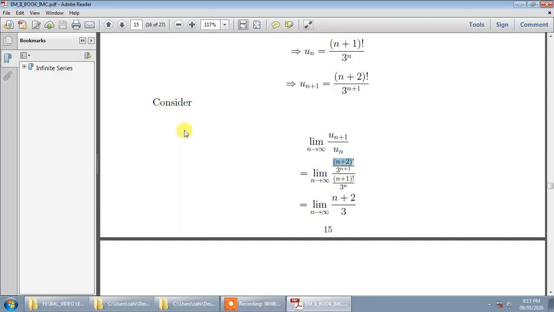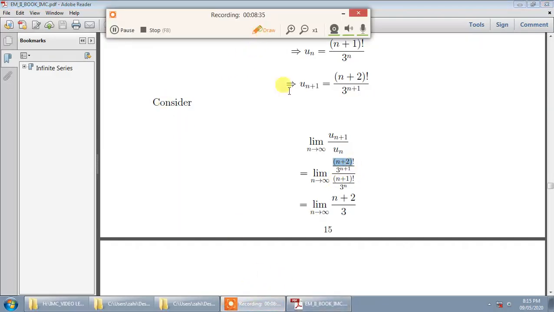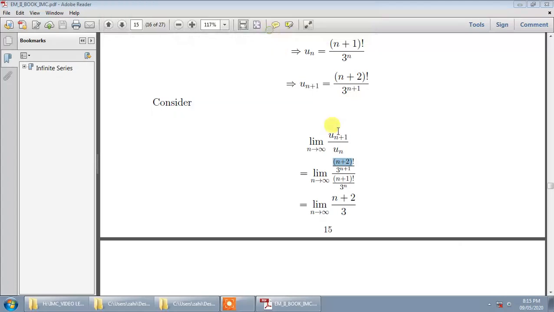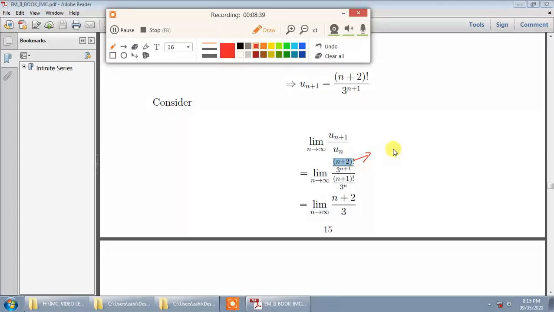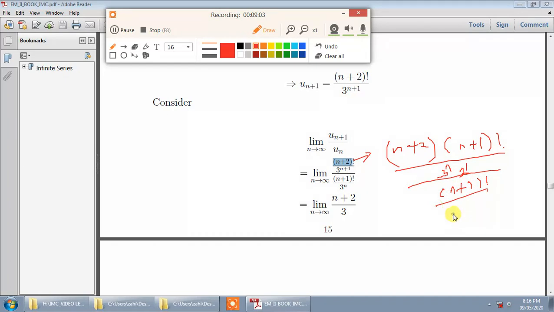So I write n plus 2 into n plus 1 factorial, divided by 3 raised to n into 3 raised to 1, divided by n plus 1 factorial and divided by 3 raised to n.